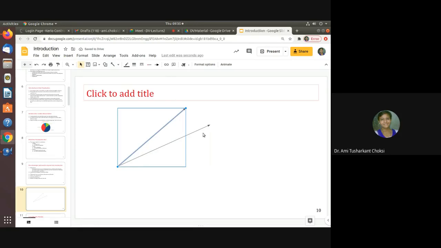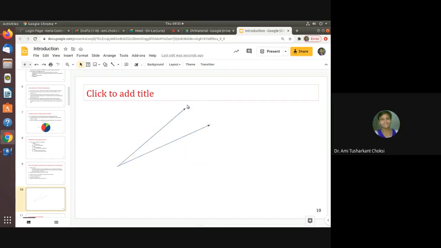Can we see the relationship between these two? This is x and this is y. Definitely we can say that y has a value more than that of x, other than at 0. At the origin, they are at the same place, but after that they are increasing.